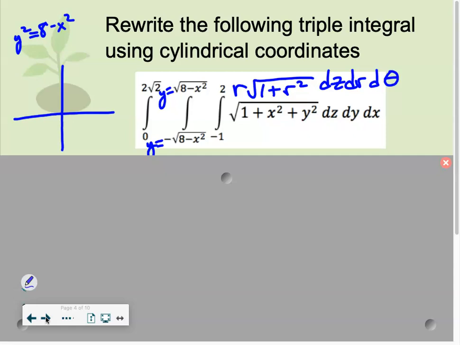So when you do the plus or minus, you're just getting the whole circle. So what you have is a circle, and the radius is root 8 or 2 root 2. And then our x's are going from 0 to 2 root 2. So the part of the circle that we're using is that guy right there.